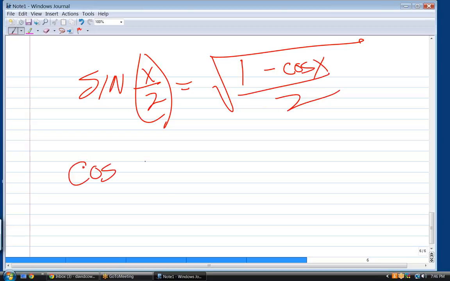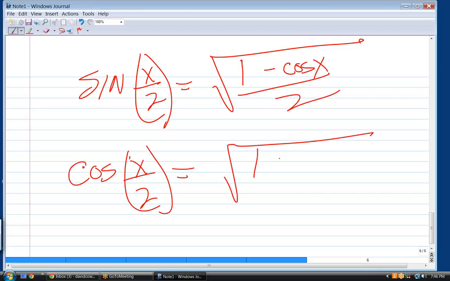And the cosine of x over 2 is the square root of 1 plus cosine of x all over 2. I might have those backwards. Let me look them up. Nope, I got it right.